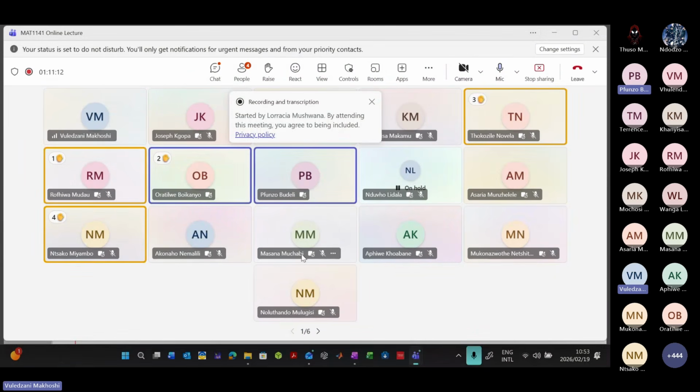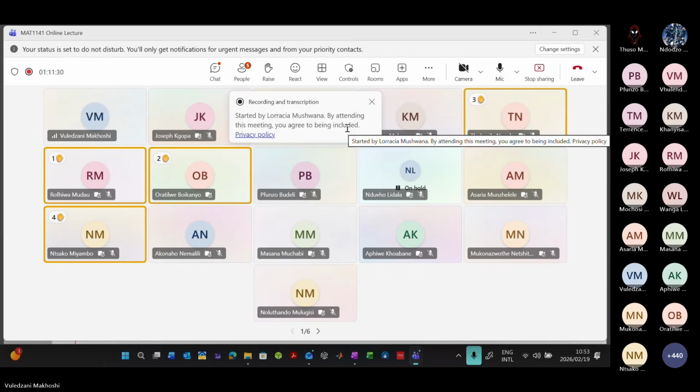There is background interference where you are. We cannot hear you properly. There is noise. We can't hear you. Hello? Yes, maybe you are clear.